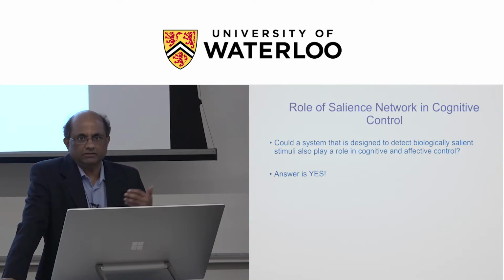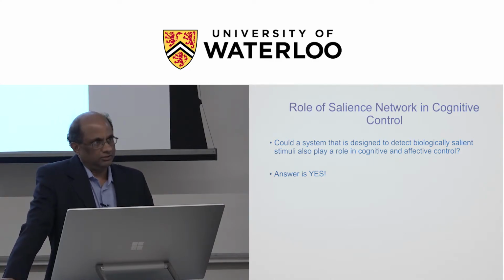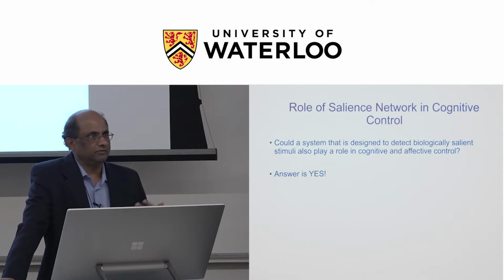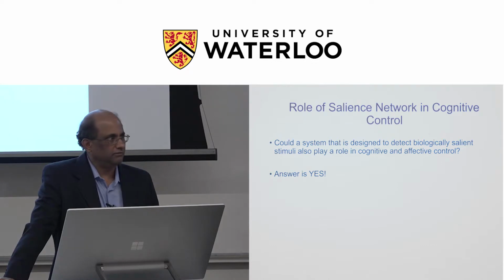And evolutionarily, this is noteworthy, because why would you want to have a control system or a triggering system that's not based on signaling of biologically salient value and valence and reward?